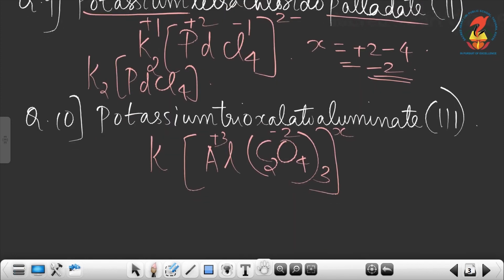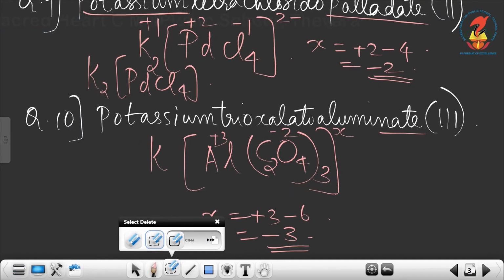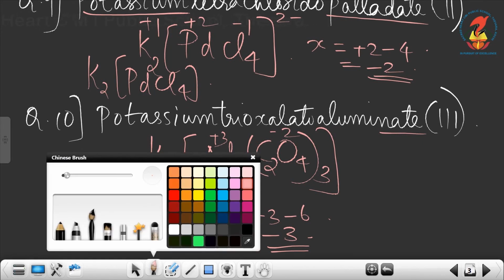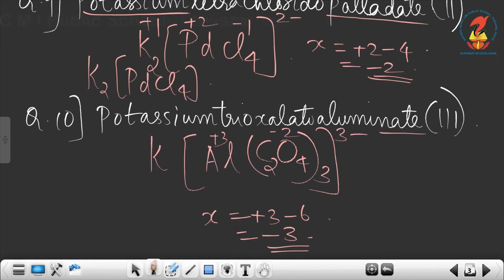Find the charge on the complex. So X will be equal to +3 -6, which is equal to -3. And you can see it's given as 'ate', which shows that the complex ion is negative. So I am going to rewrite this X as 3-. Now how many potassium will I need to neutralize 3-? 3 potassium.